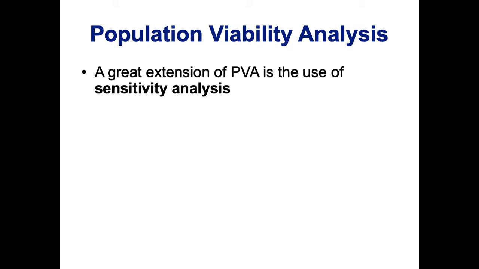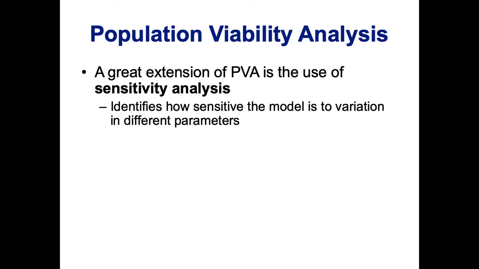One really useful extension of the population variability analysis is a sensitivity analysis. I do some population modeling for amphibians, and I regularly do these sensitivity analyses, and they're really, really important and very, very useful. What it does is identify how sensitive the model is to variation in different parameters.